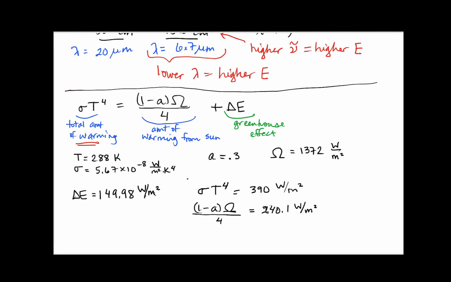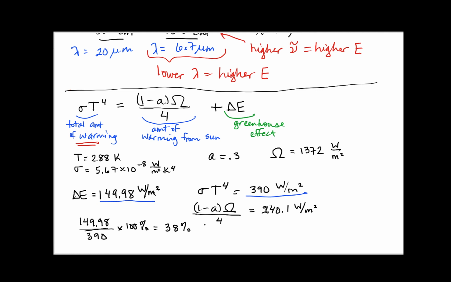And so if we think about this term here and what proportion of the total amount of warming it is, it actually is pretty high. You can just divide 149 or 150 by 390. And if I do this, this turns out to be about 38%.